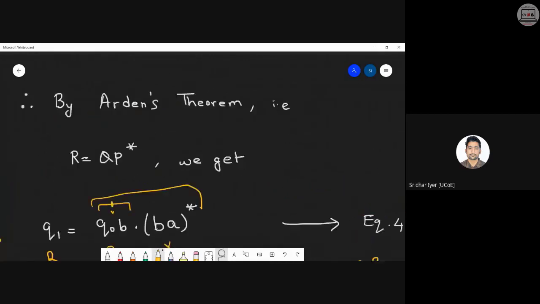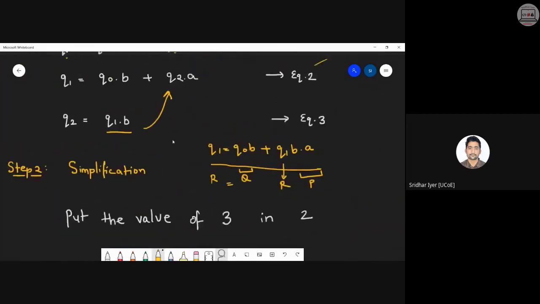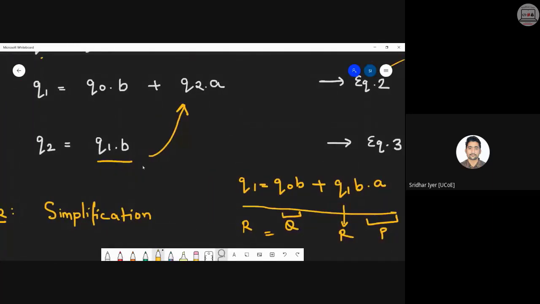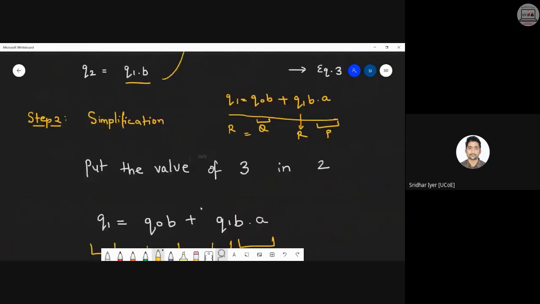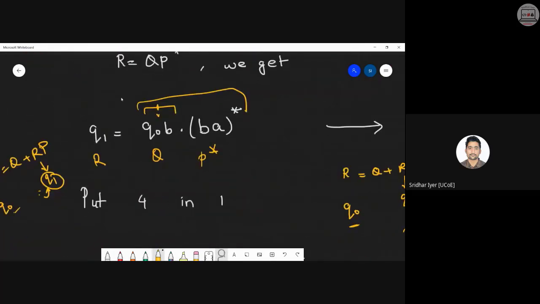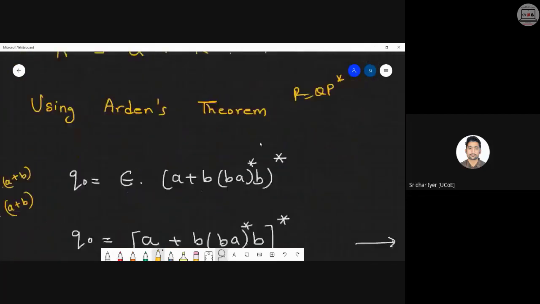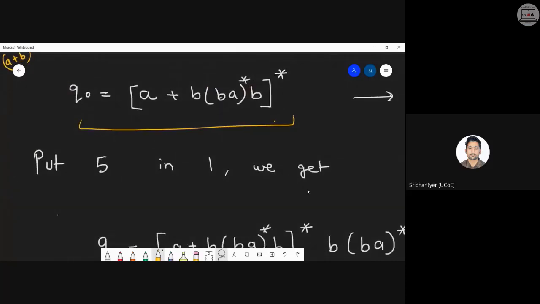And once I get the value of Q1, I can simply put it in equation number 3. I will directly get Q2. If one of the equations is in terms of alphabets only, all the other equations will be in terms of alphabets only. Once one value is found, the rest will follow. So that is what we have done over here. We have to first of all convert one of the state equations into only pure alphabets. Once we get it, we can put the value.